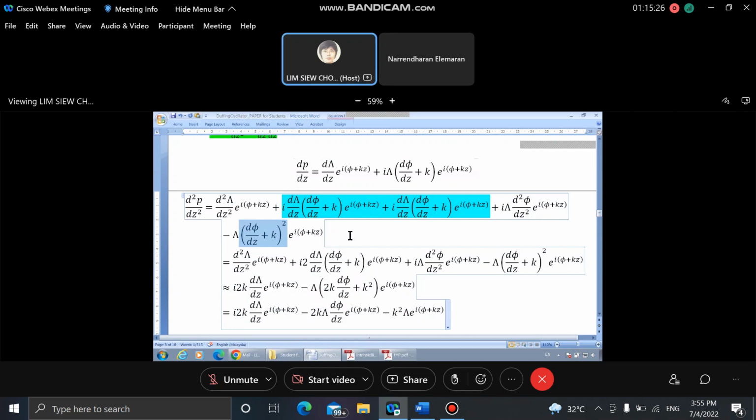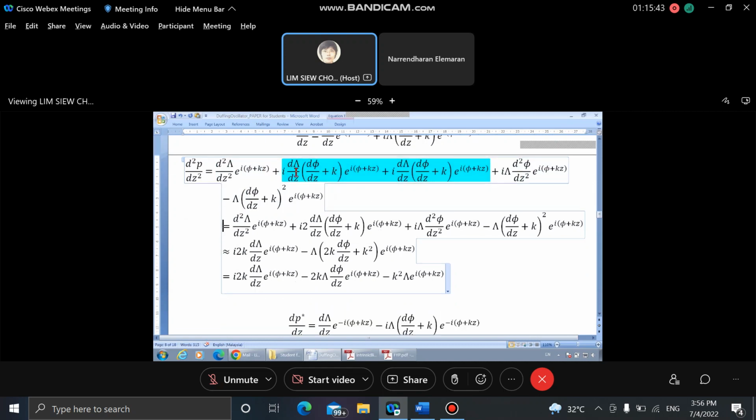Sometimes if you are confused, you just take out a paper and write it down, so you can see why you have so many terms. So d2P over dz squared, you have these 1, 2, 3, 4, and 5 terms. The blue terms here are the same. So I collect them here, they become this term, and the rest have no change.